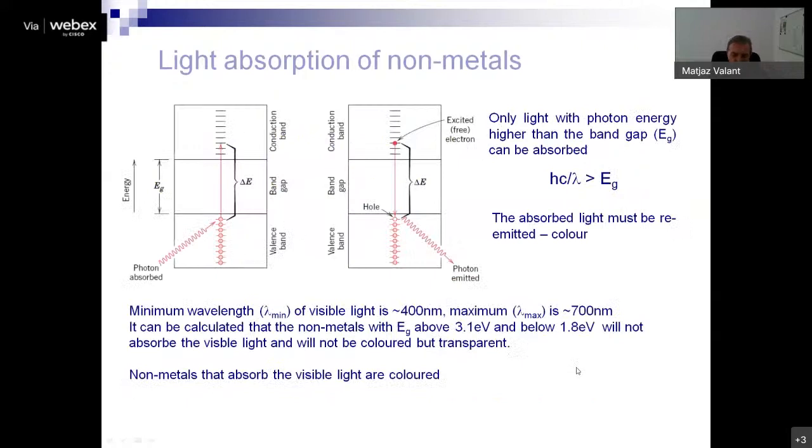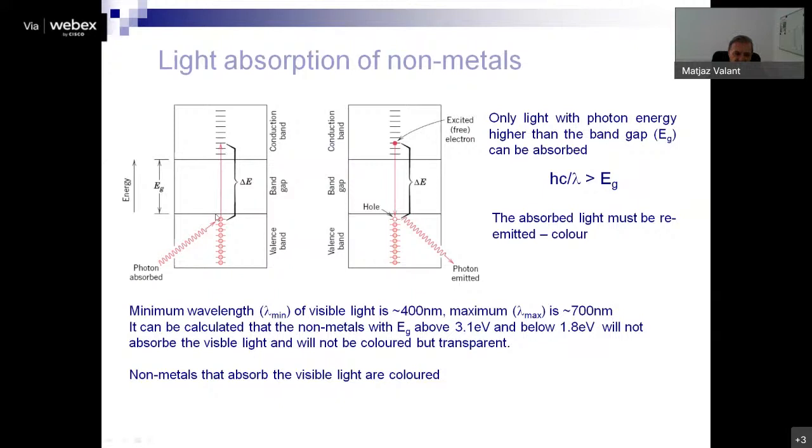Now we have to talk about absorption of non-metals. The mechanism is different, so I talk about these two groups of materials separately. As we know, non-metals have a band gap, and the optical properties are therefore significantly different. Now, a non-metal with a band gap cannot absorb all the photons.